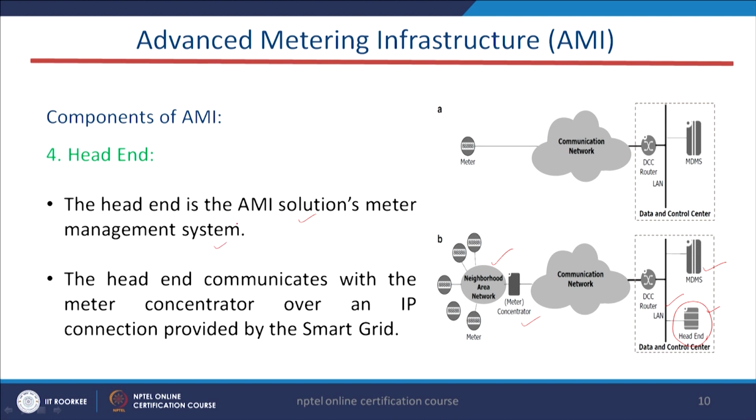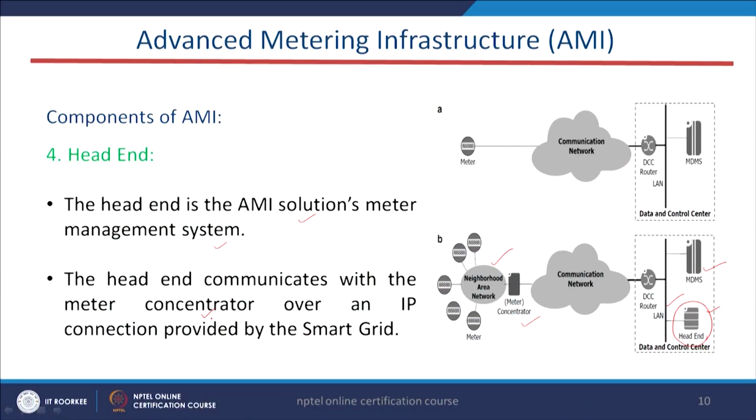It manages the AMI solution's meters. Whatever data or information we exchange between the smart meter and this utility MDMS, that data exchange should be managed properly. So, the head end basically does that. Now, the head end communicates with the meter concentrator over an IP connection provided by the smart grid. Basically, through this IP based communication system, this head end communicates with your meter concentrator.